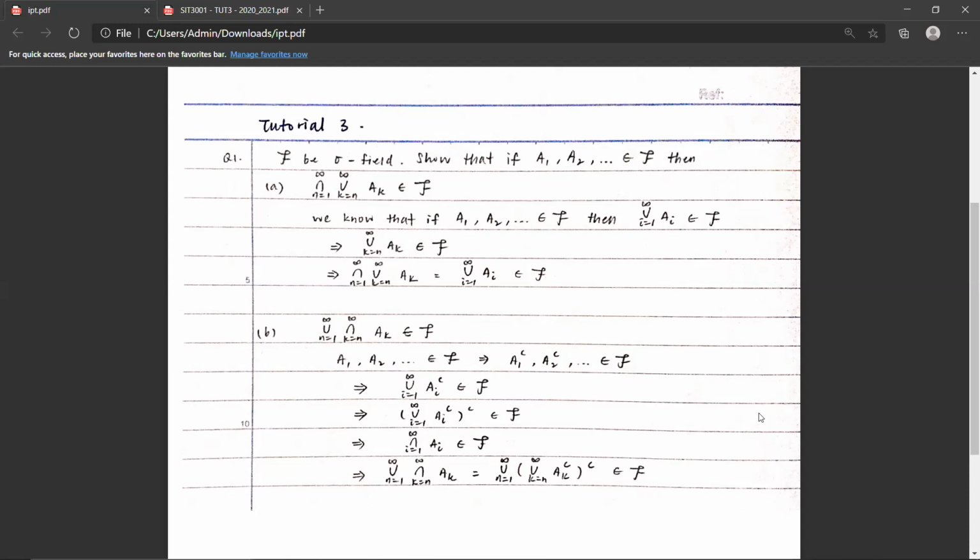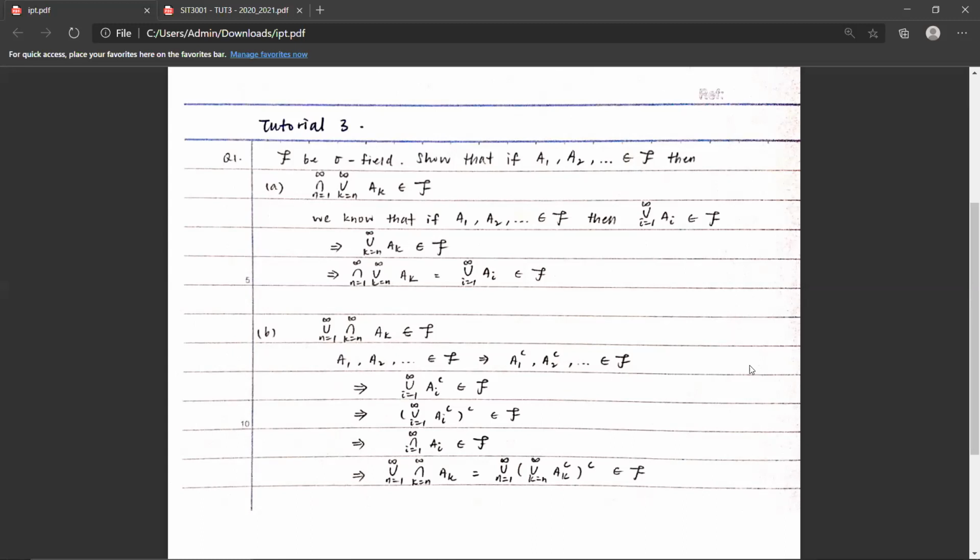So the way to do it: your A1, A2, and so on are in F, then by definition of F, the union is also in F. It's closed under countable union, so it doesn't matter if I start from 1, from 2, or from anything. That's why it doesn't matter.